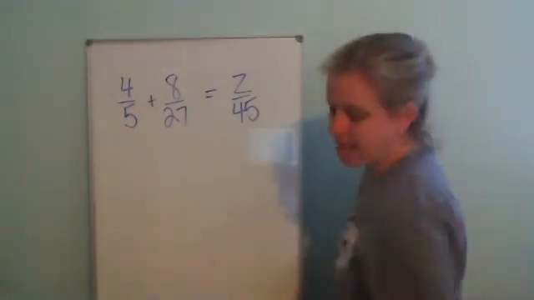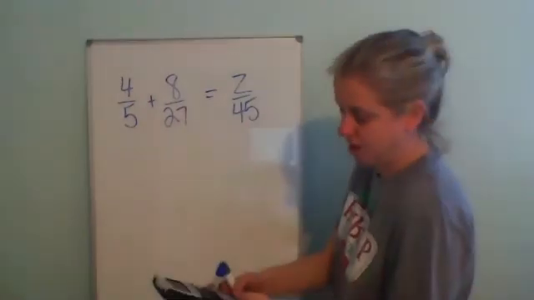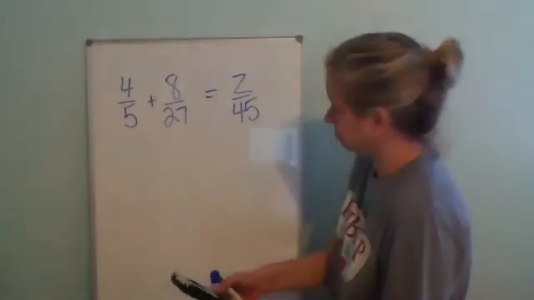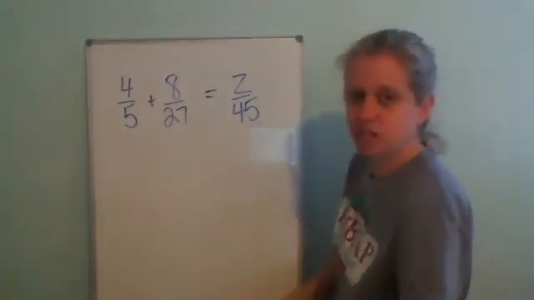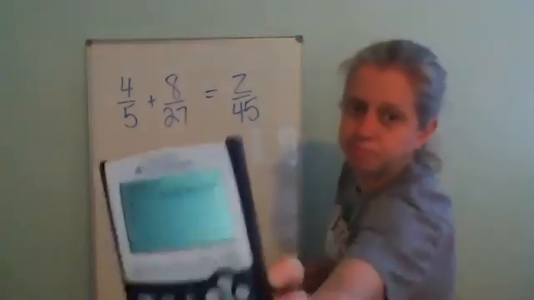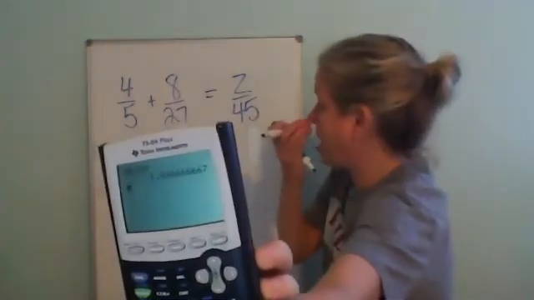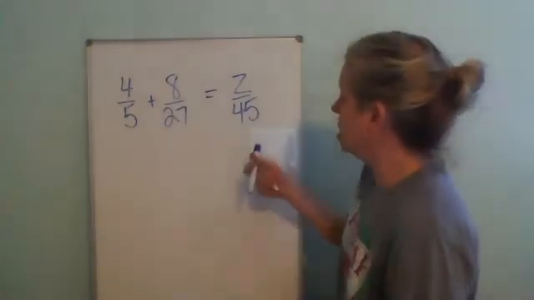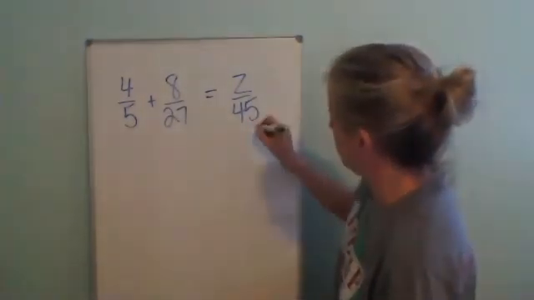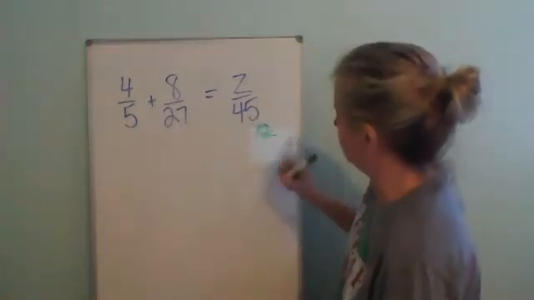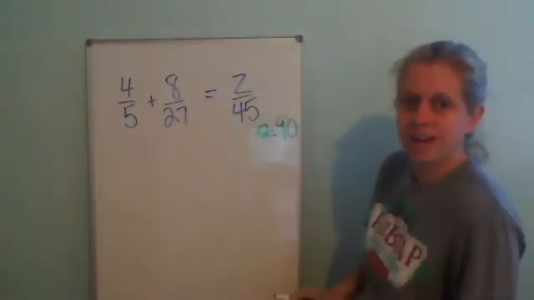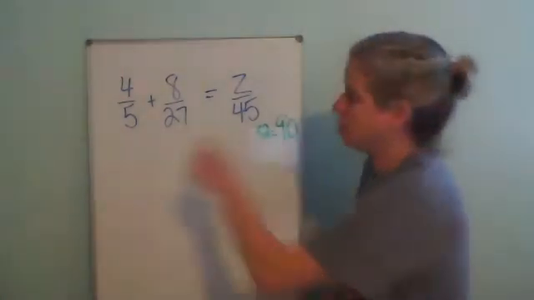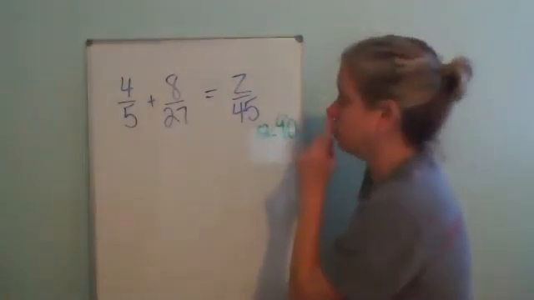But does 27 go into 45? If you divide 45 by 27, it gives you a long decimal. So 45 is not my least common multiple. So now I need to see, okay, what's the next thing 45 goes into, which is 45 times 2, which gives you 90. So let's see, will 5 go into 90? It will.